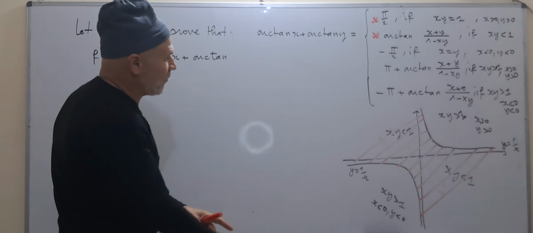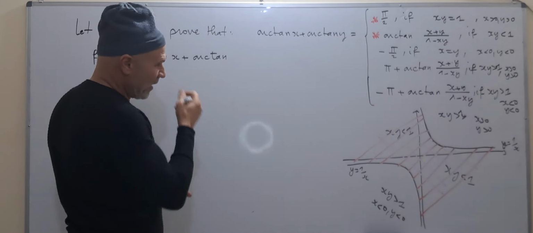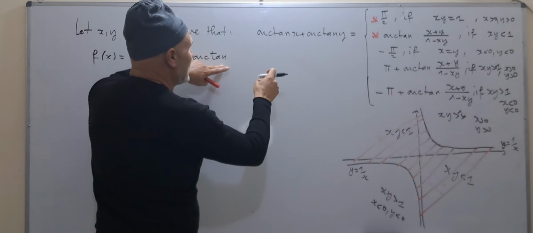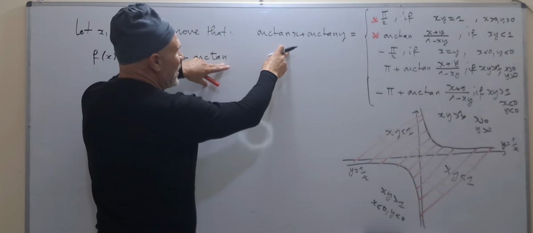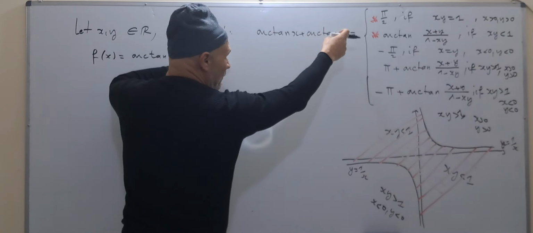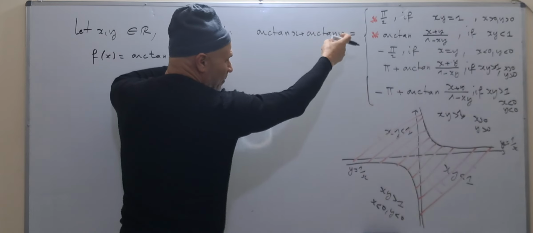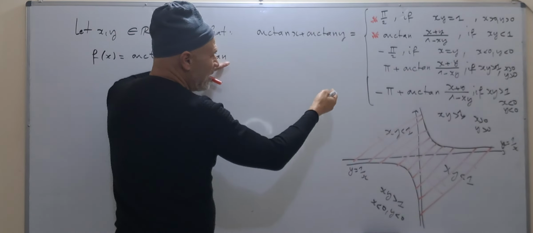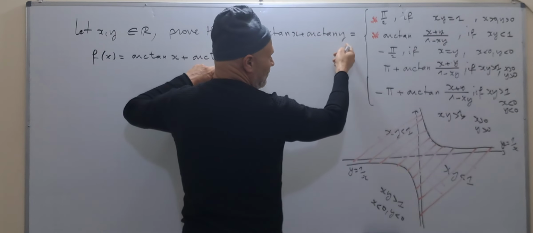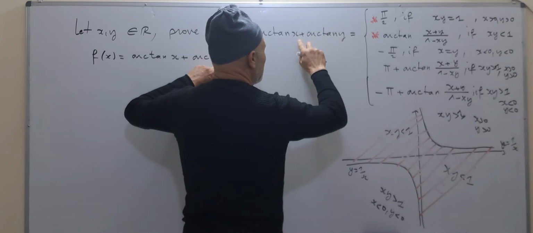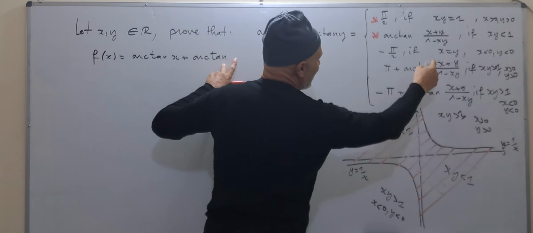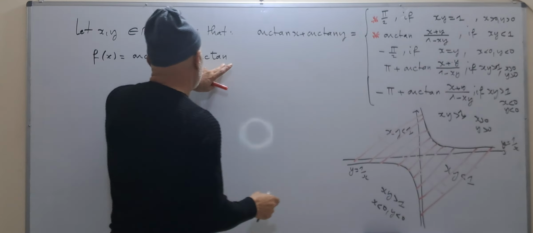X is different from 0, strictly greater than 0. If x is equal to 0, arctangent 0 is equal to 0. If x or y are both equal to 0, we are in this situation. So we are here.